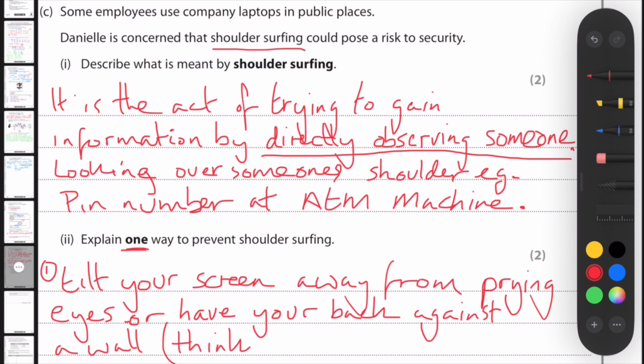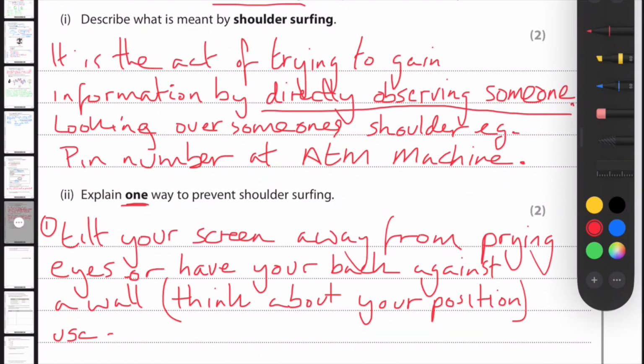Basically, think about your position. Okay, that would be the main one. You could use a long password, use a screen filter. Some of the new phone screens now have like privacy glass that you can have.